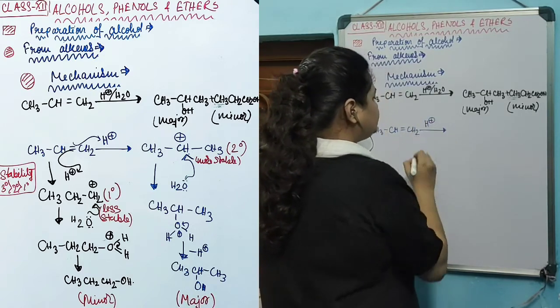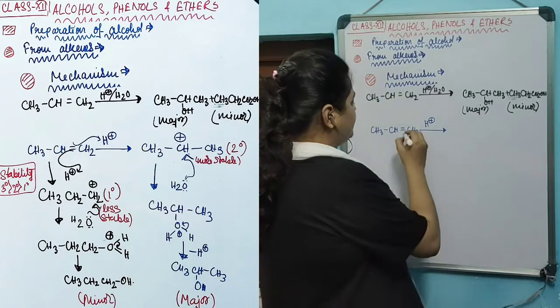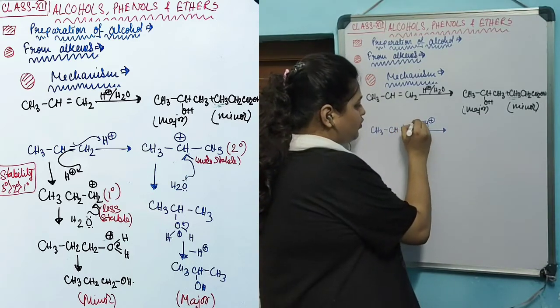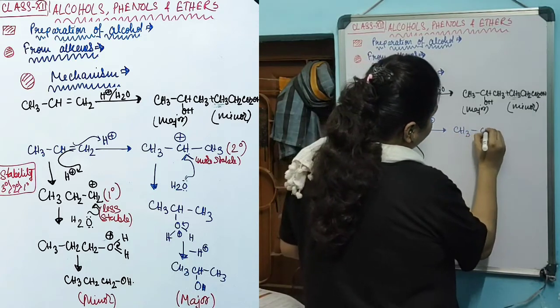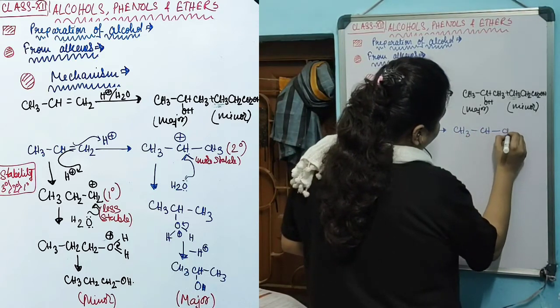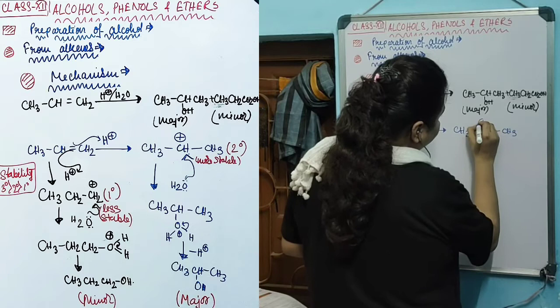In the medium, H plus is present, and if this double bond is opened via this terminal carbon, in that case the terminal carbon will accept this H plus and the carbocation will form on the middle carbon.